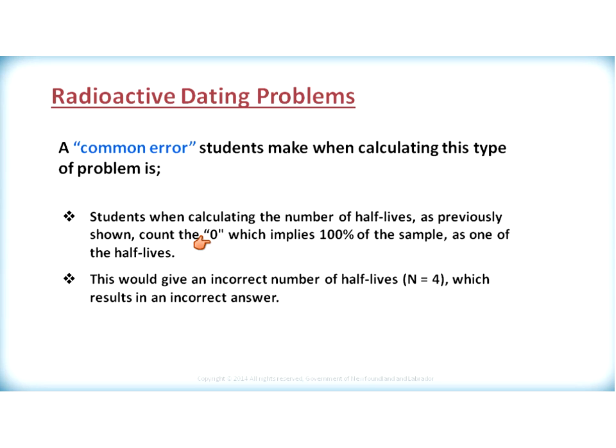So if you had a sample that started off with 100%, which decayed to 50%, which decayed to 25%, which decayed to 12.5%, and you counted 100 as one of your half-lives, you could make the mistake of saying 100 represents the first half-life, 50% represents your second, 25% your third, and 12.5% represents 4 half-lives.